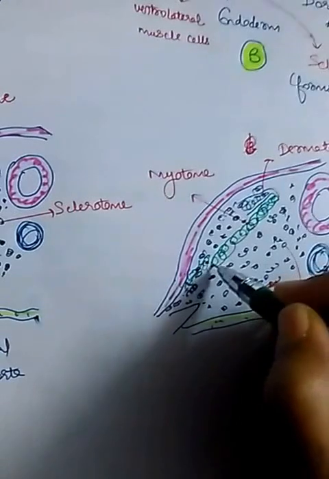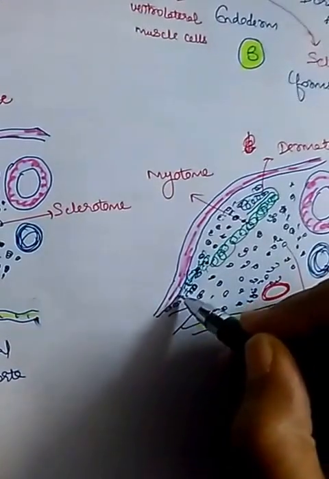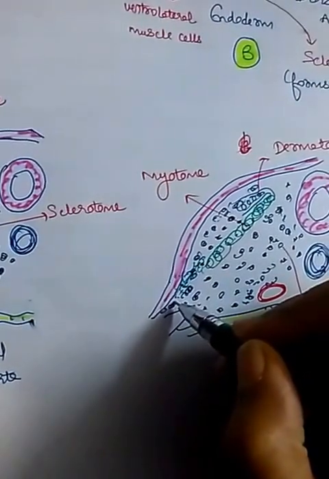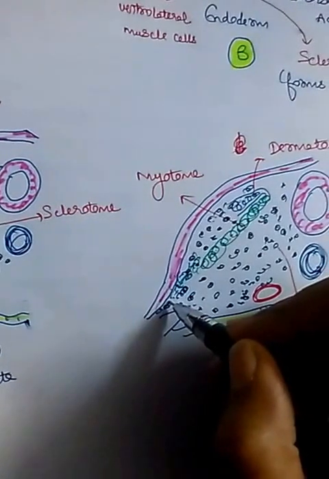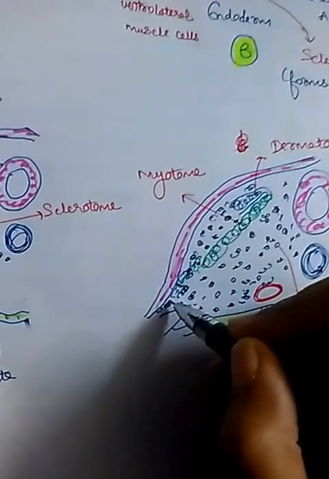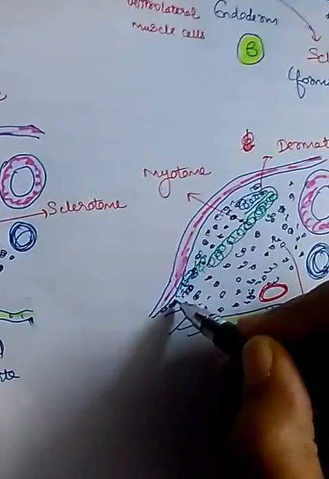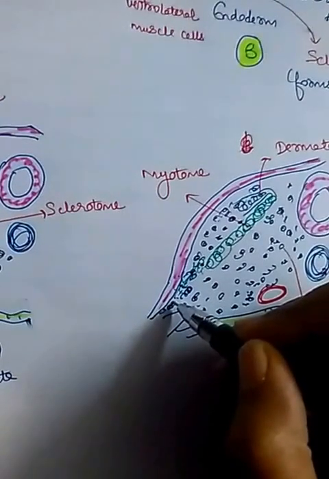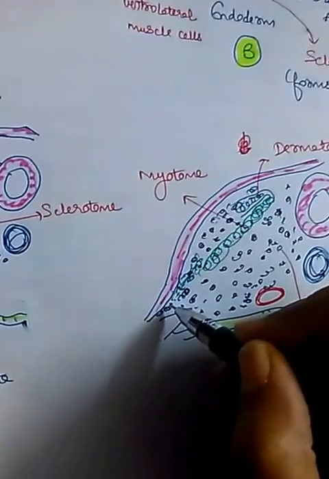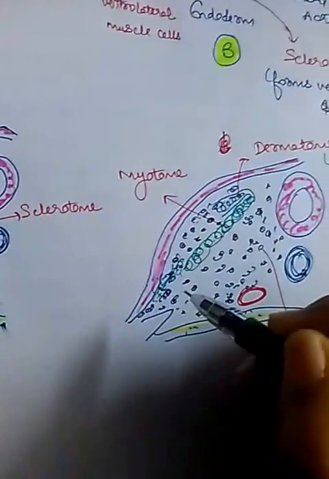I am repeating, the cells which were here on the ventrolateral part, along with the parietal layer of lateral plate mesoderm, gave rise to most of the musculature of the body wall, like external oblique, internal oblique, transversus abdominis, and most of the limb muscles.